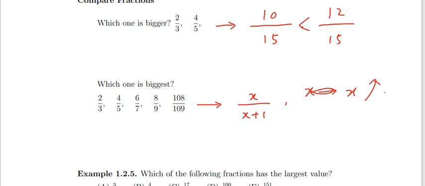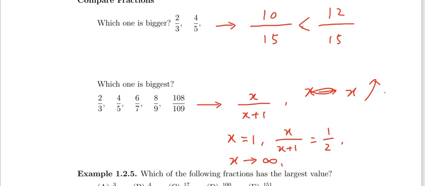So let's pick, when x equals 1, this number is a half, right? 1 over 2, 1 plus 1. When x becomes very large, we use the notation x goes to infinity. When x is very large, x plus 1 and x are quite the same.